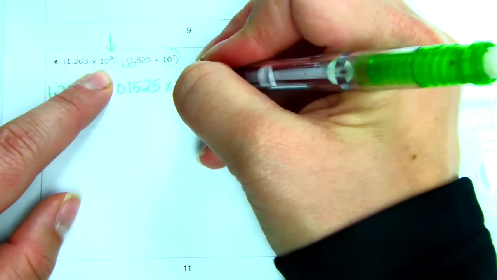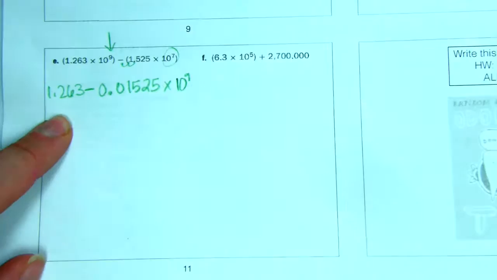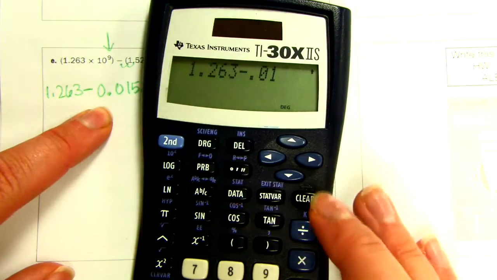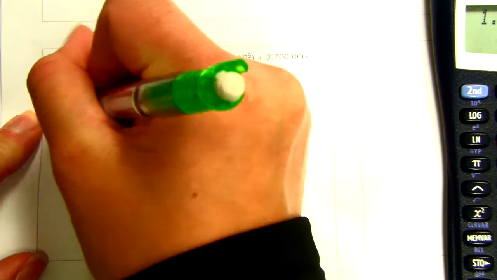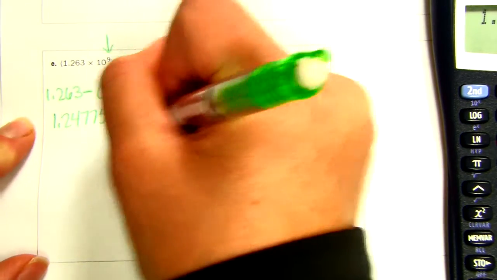And the base is now times 10 to the 9th, the larger one. Now I get to subtract them. And we have this really ugly number. It's long. And keep the same base and exponent.